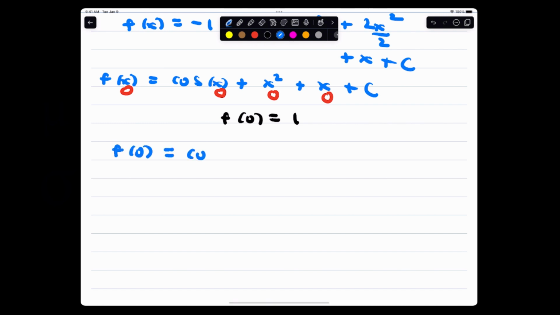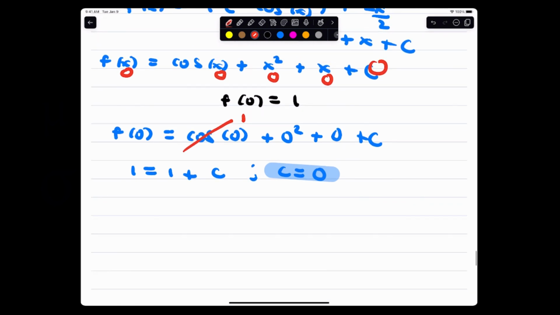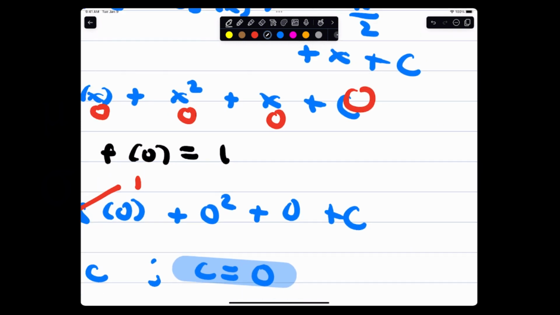F of 0 would be cosine of 0 plus 0 squared plus 0 plus c. Cosine of 0 is what? 1. So this means 1 equals 1 plus 0 plus c. That means c equals 0, ladies and gentlemen. So you could get a constant being 0. So at the end of the day, that last constant doesn't contribute to anything. Right over here, c is 0.